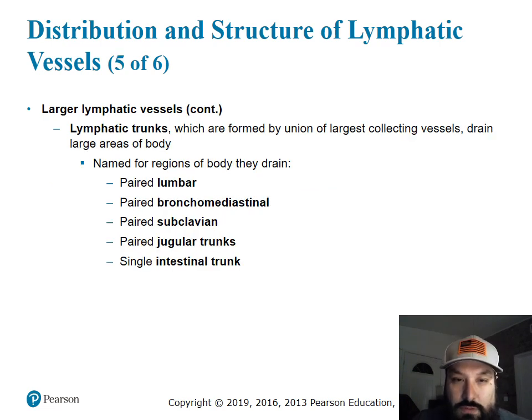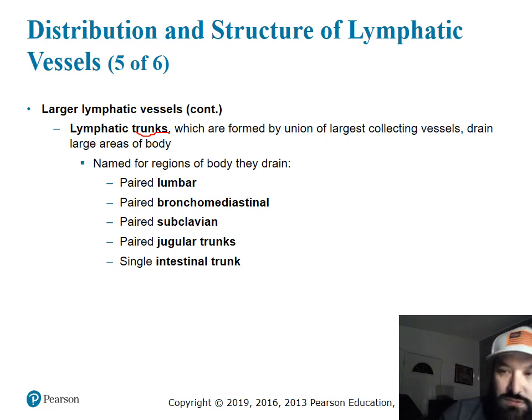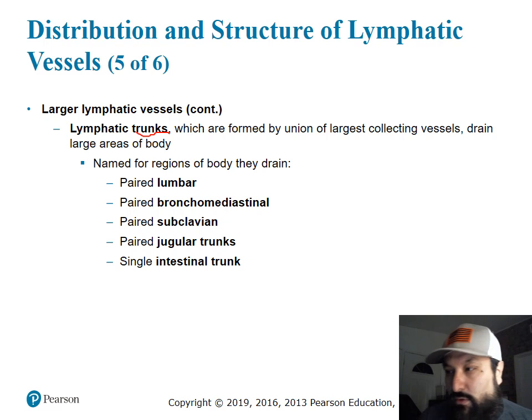All right, so talking about trunks, here are our trunks. The largest collecting vessels form what we call lymphatic trunks, and there are five major ones that we're going to mention. They're named by the region, the location of the region they're draining. So lumbar, and there's one on each side, so that's why there's a pair.